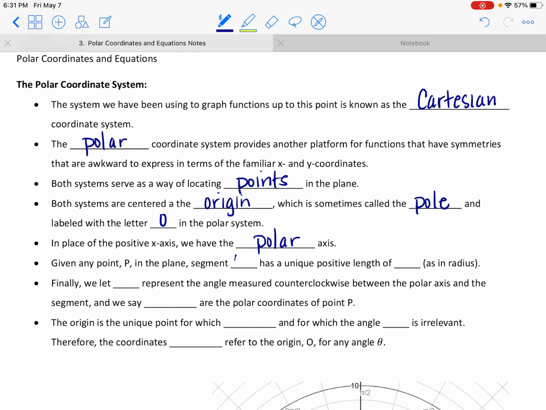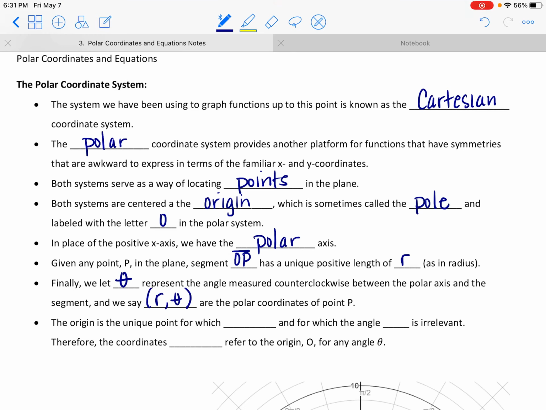The segment, which we'll call OP, from the pole to that point, has a unique positive length, and we're going to call that length r, as in radius. And then finally, we're going to let theta represent the angle that's measured counterclockwise between our polar axis and that segment. So the coordinates of our point P are going to be represented by the radius length and the angle that it creates.